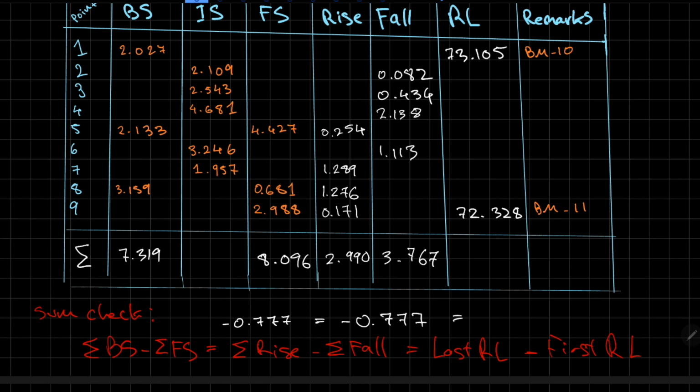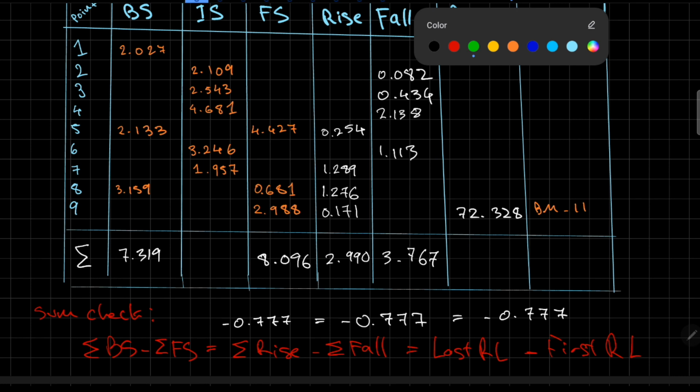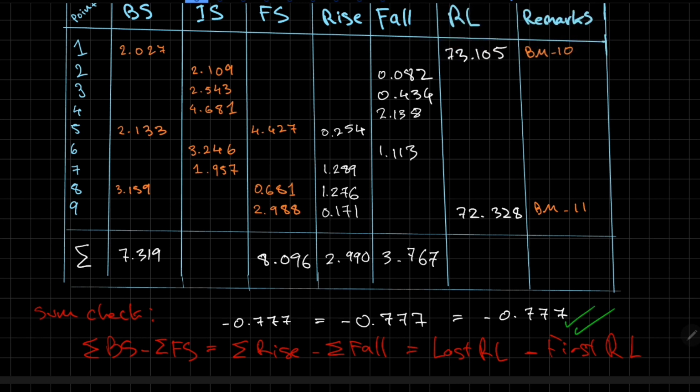Now this must equal the last reduced level minus the first reduced level, 72.328 minus 73.105. That is also equal to negative 0.777. Okay, so now we can say this checks out, so we can give it a little tick.